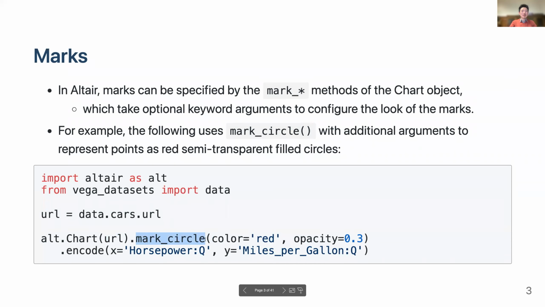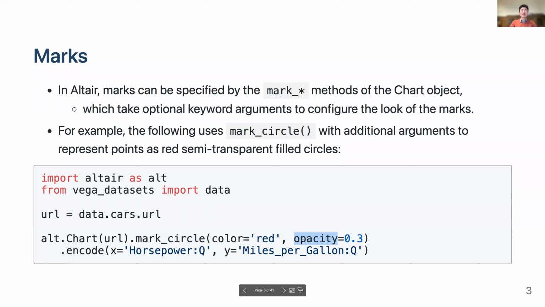Okay, and then you set the mark, and then you set the encoding or the channels you use. In this case, we're using circle, and we set the color to red and opacity to 0.3. Opacity just means the transparency.